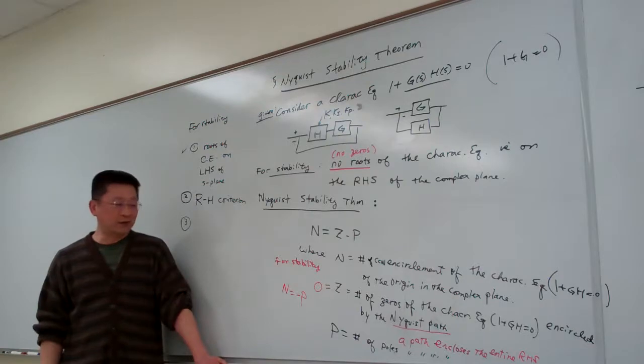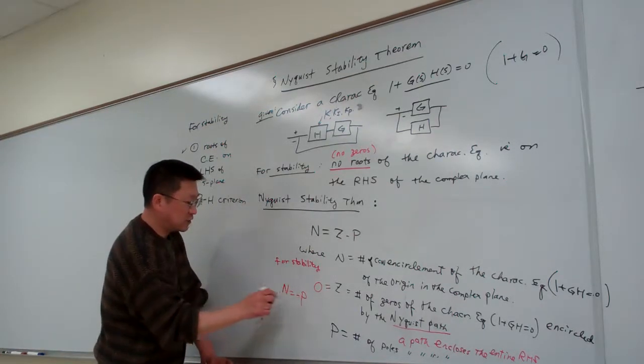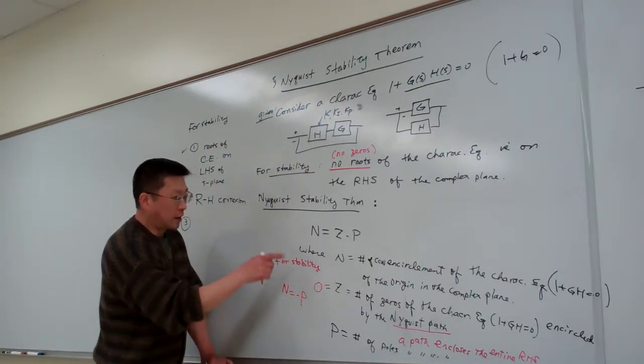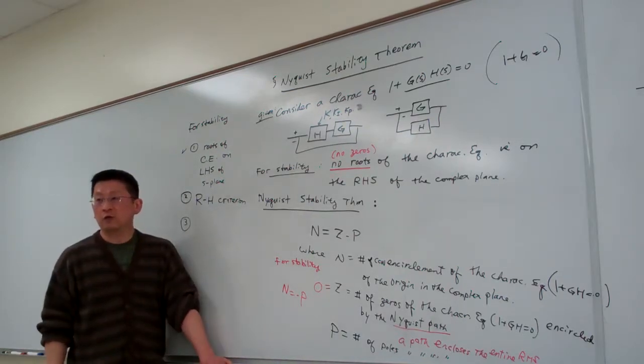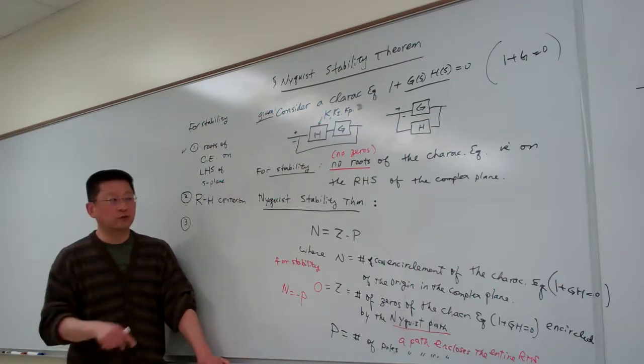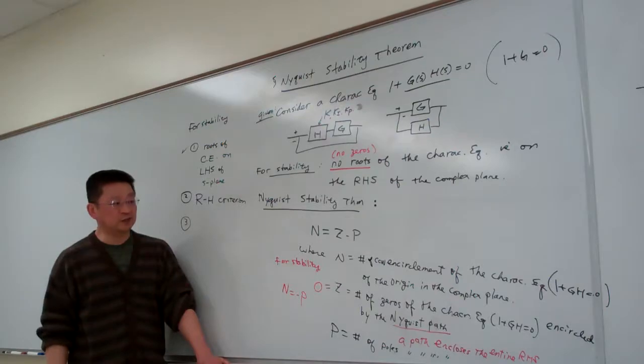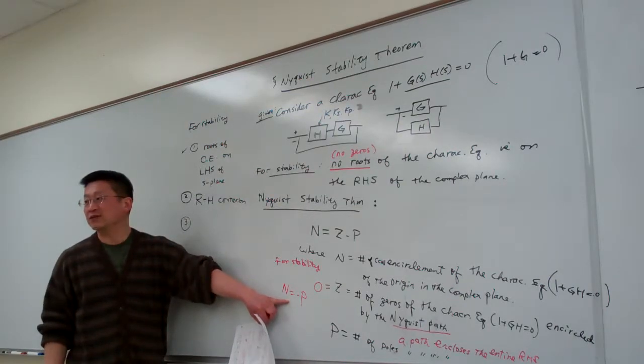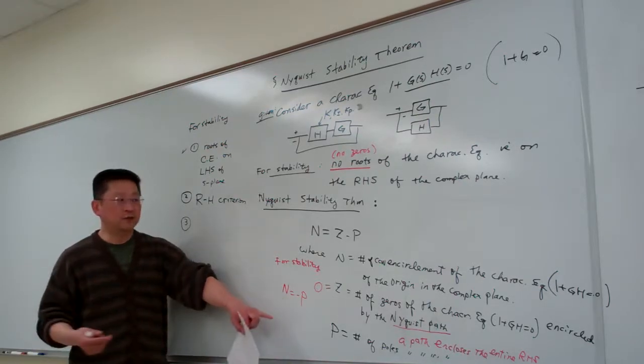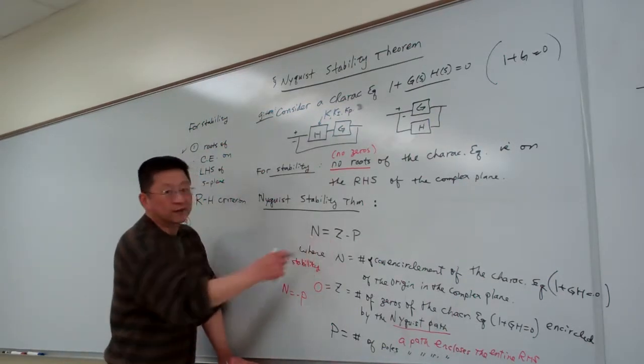Okay. So this is the specific application of what we call conformal mapping, or in control, we simply call it the Nyquist stability theorem. So this is a simplified version from a generic formula like this.